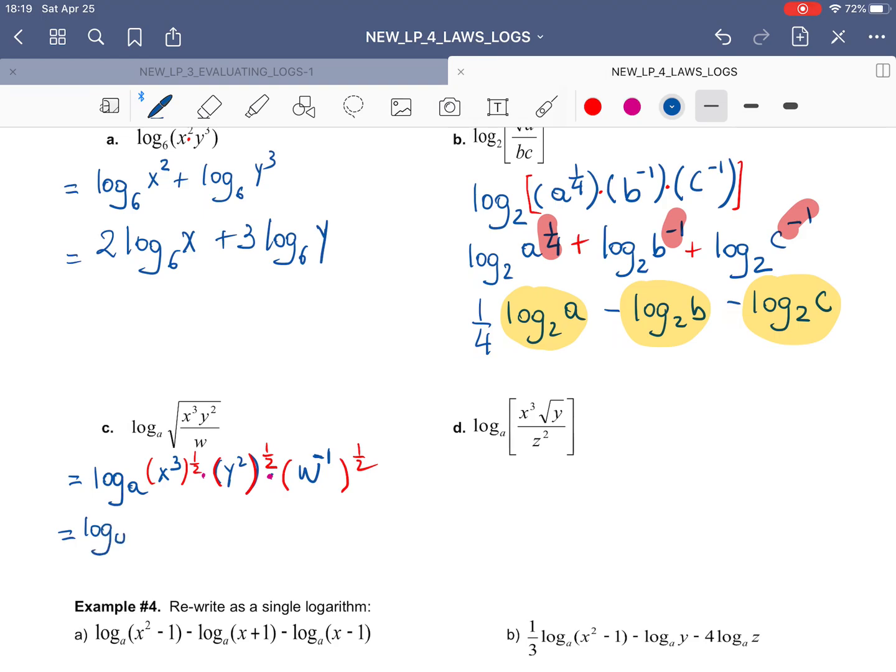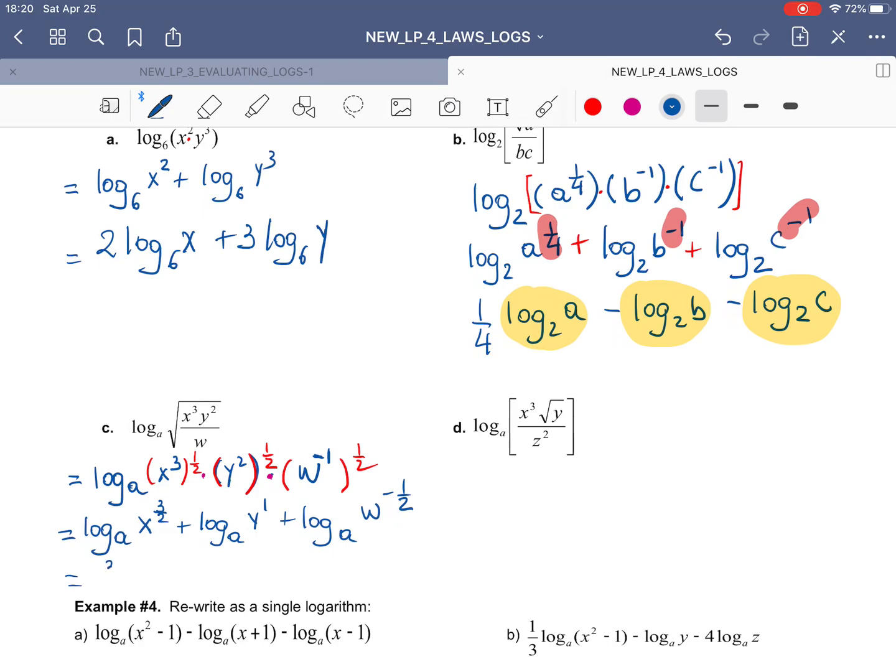So that's log with base a of x to the power 3 over 2 plus log with base a of y squared to the power of 1 over 2. I can do the power right away. So power of 1. And then plus log with base a of w to the negative half.